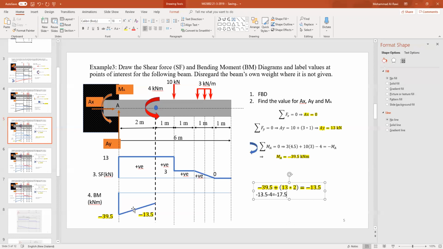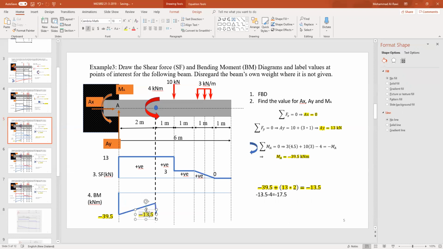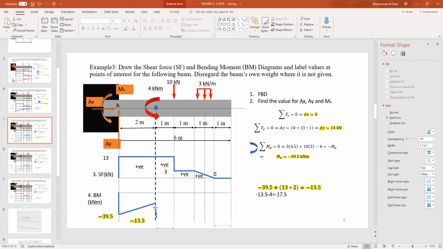Now, where this 17 comes from just indicates to me that there is a push of that moment in the negative direction. This will bring my moment to go up a bit in this area, maybe around this point. This one is just indicating for me it's not going as a straight line.